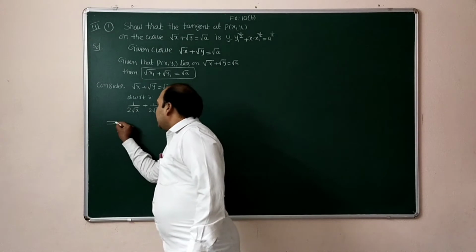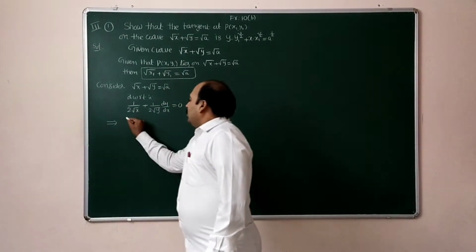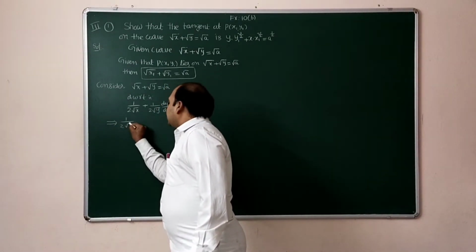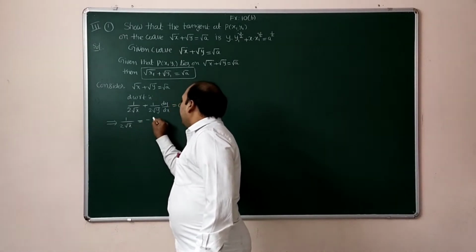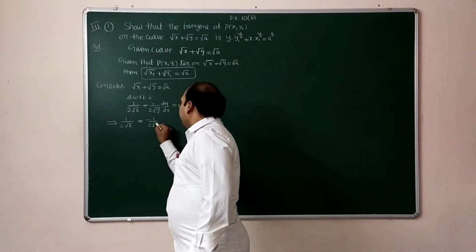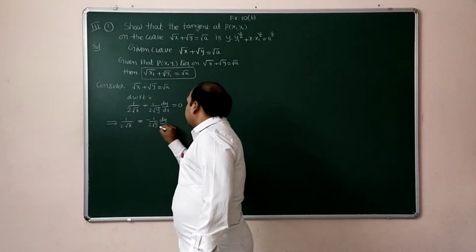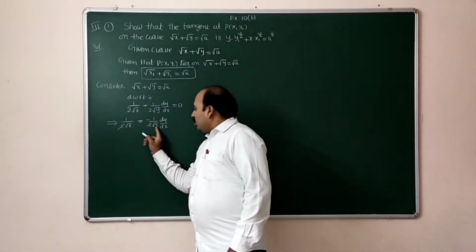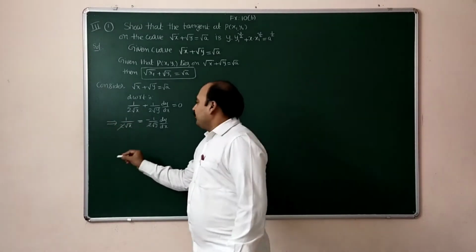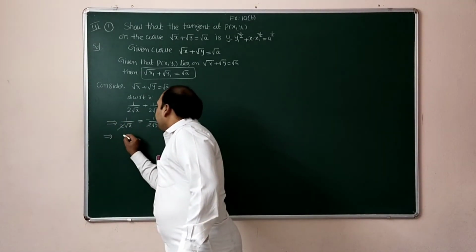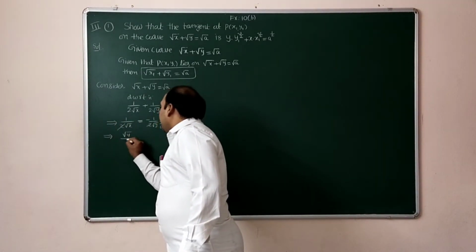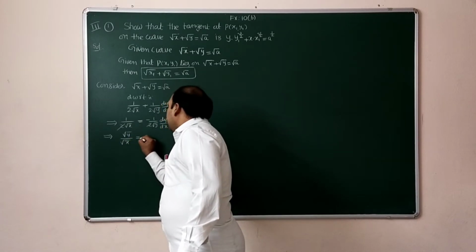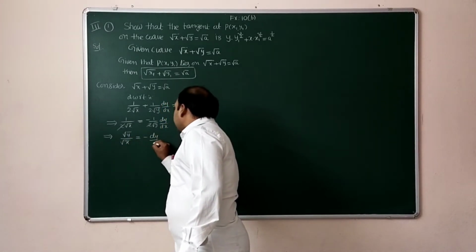So that implies 1 by 2 root x equal to minus 1 by 2 root y into dy by dx. Both sides 2 get cancelled and root y we are taking to this side. So it becomes root y divided by root x is equal to minus dy by dx.